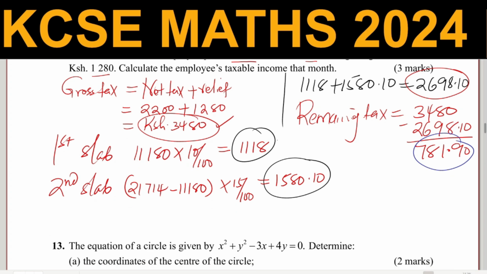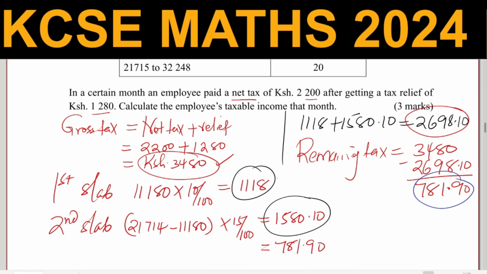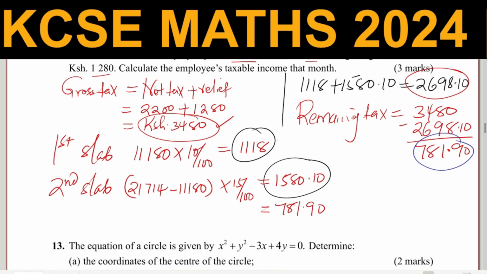So for the last slab, we already have the tax, which is 781 and 90 cents, and we have the rate for that slab. The rate is 20%. So what we don't have for that slab is the income that was taxed in order to give this tax of 781 and 90 cents.